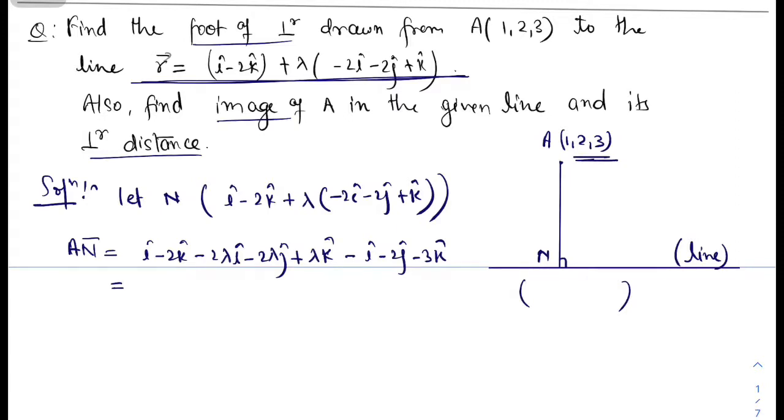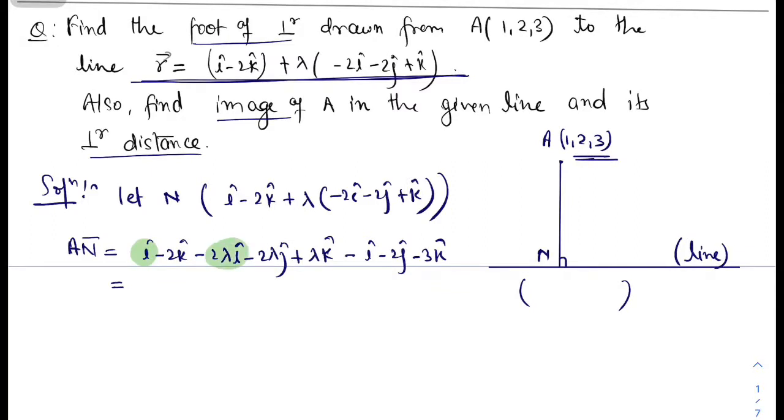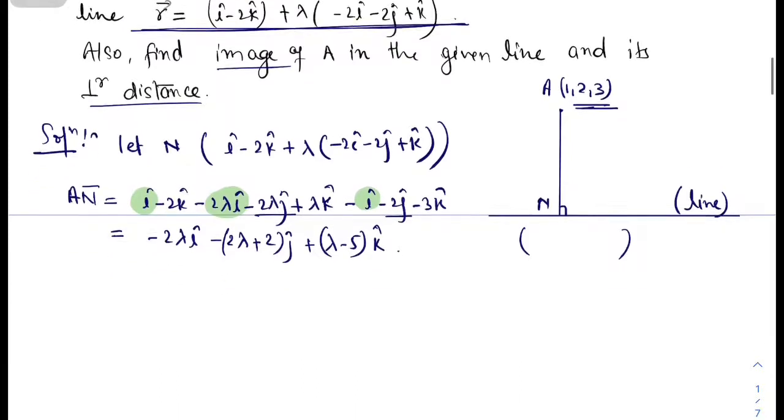Let's see what the components are. The i component is minus 2 lambda. The j component is minus 2 lambda minus 2. If I take minus common, both will be plus. The k components are minus 2 minus 3, which is minus 5, plus lambda, so lambda minus 5 k cap.